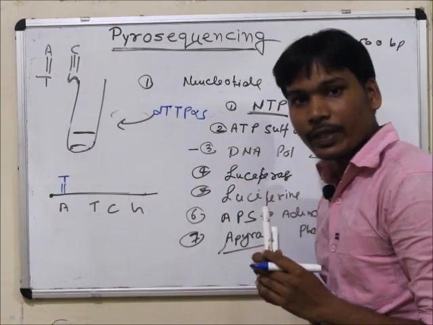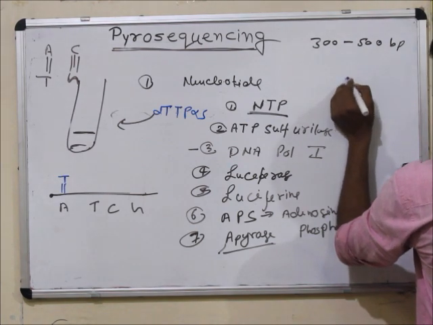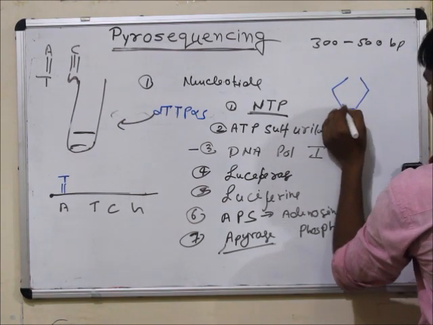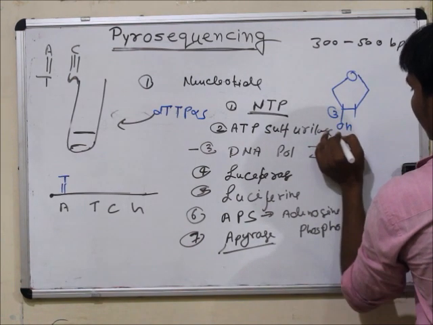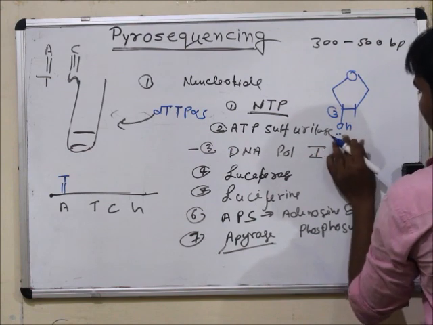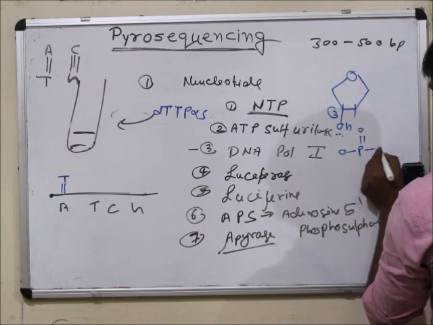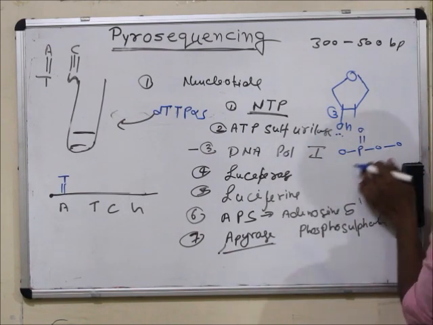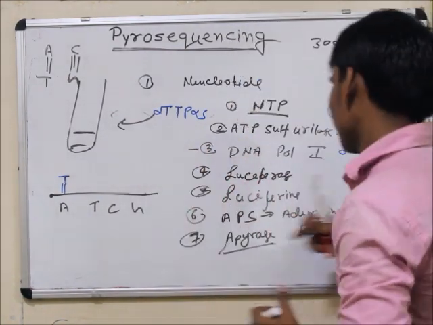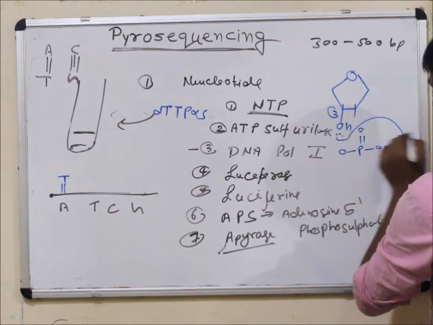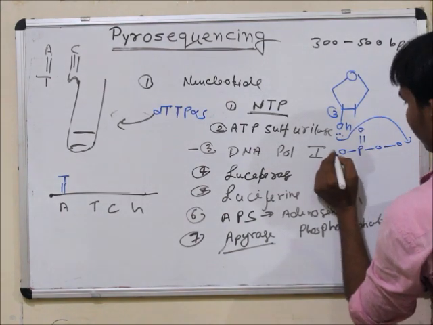How will it bind? You know that there is O and OH in the 3' position, that is lone pairs. There are triphosphates in any nucleotide, but this OH attacks the first phosphate of the bases.